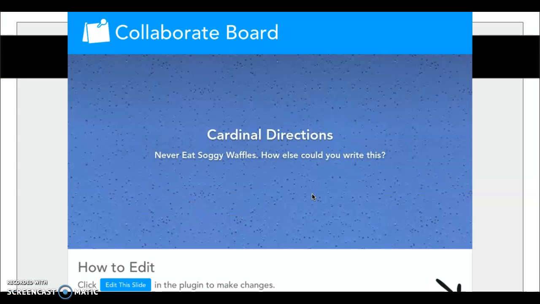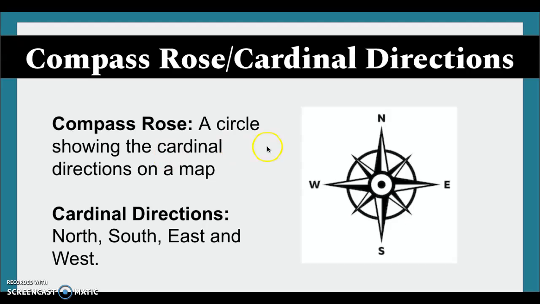So on the collaboration board, when you did this on your own student slide deck, you were to come up with your own acronym for never eat soggy waffles. How else could you use NESW to remember that it's on the compass rose? It goes north, east, south, west. So usually you hear never eat soggy waffles.